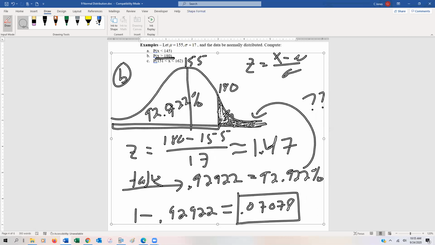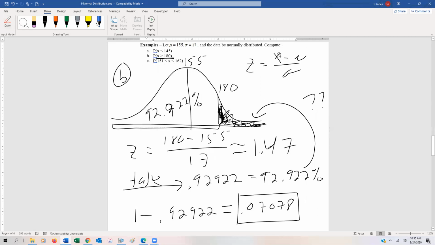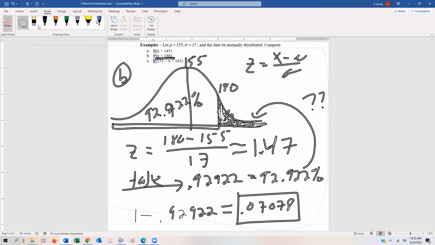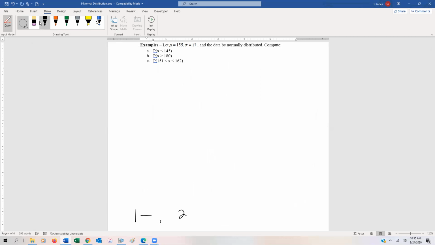All right, one last example. This time we are going to find a between area. This one says, what is the probability for letter C that some randomly selected observation is between 151 and 162? So here's our normal distribution.